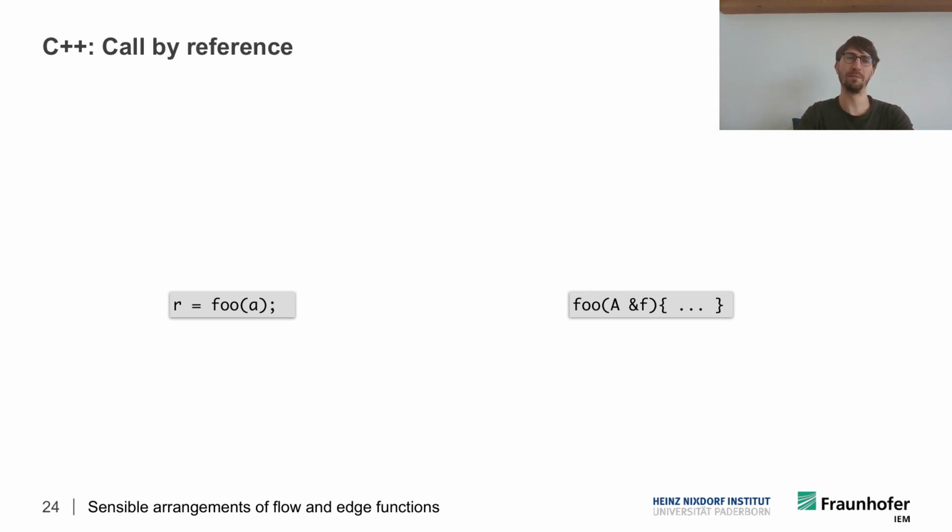Now, the third possibility that is only possible in C++ is call by reference. Sometimes you want to indeed perform some data flow effect inside of a function with an argument.